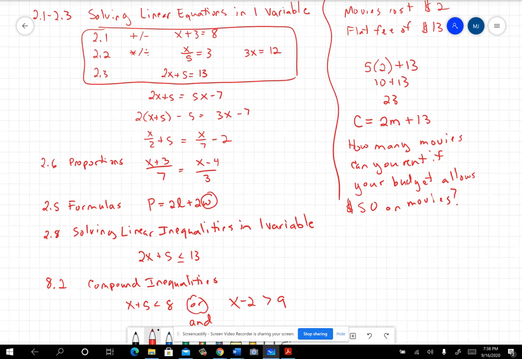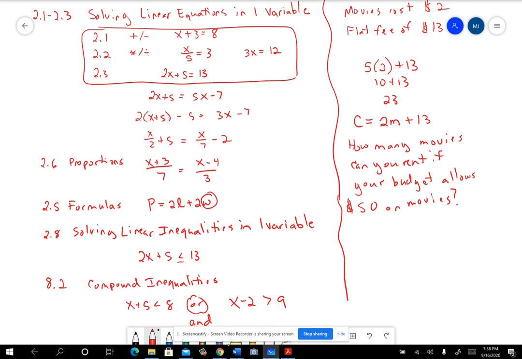All right, so what we did is we said, well, we could figure it out logically, but what we're going to learn in this chapter is we could let the 50 go in for C. Then we have an equation in one variable that we just need to wind up solving. And that's what I'm going to be teaching you how to do. And we're going to learn to take away the 13 from each side.